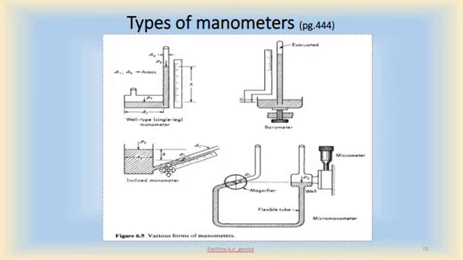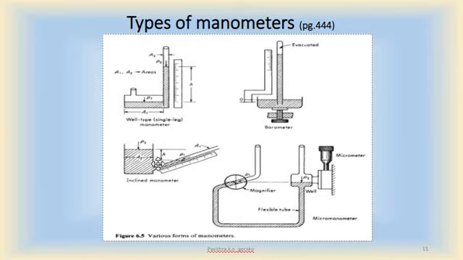The next one is the inclined manometer. Here, in order to increase the sensitivity, you can see the manometer is slightly tilted with respect to gravity. Thereby, more motion is obtained for the fluid inside it.